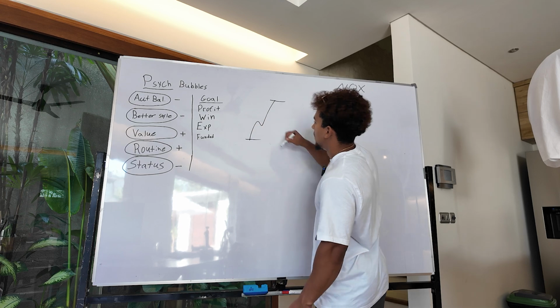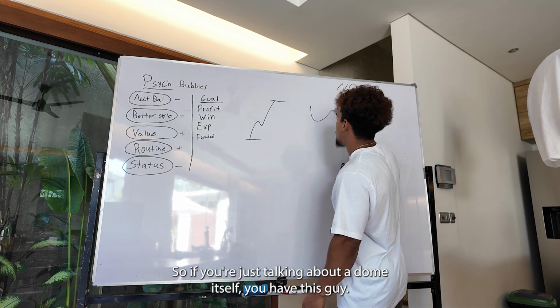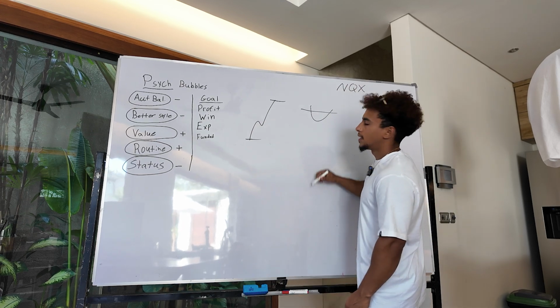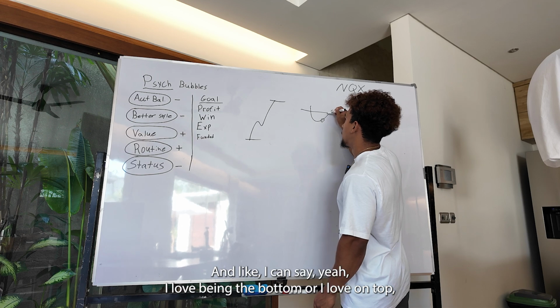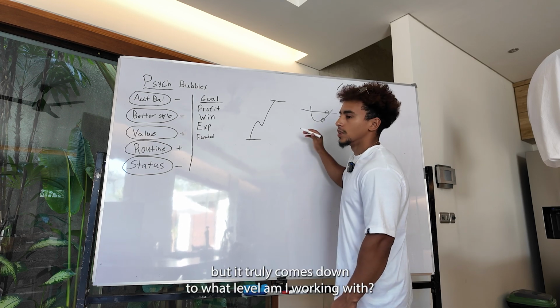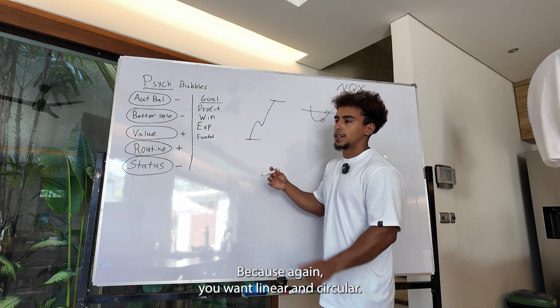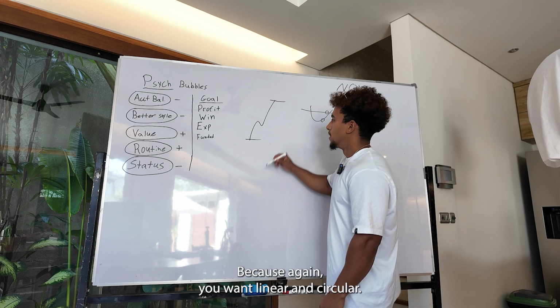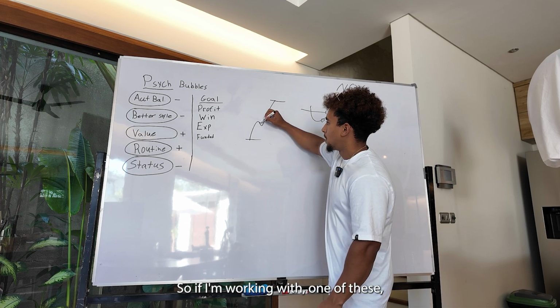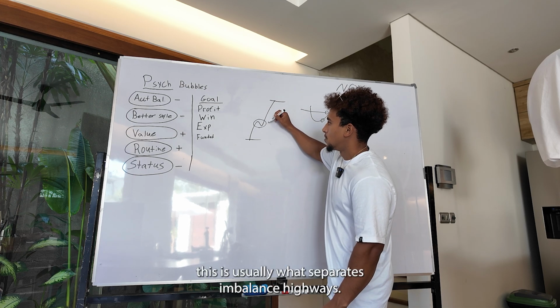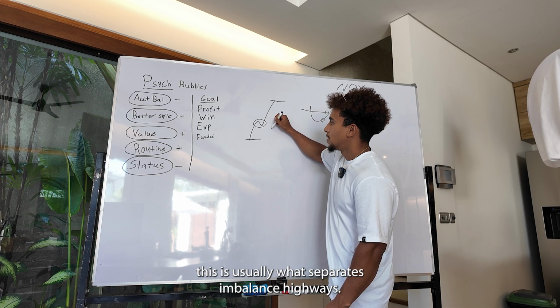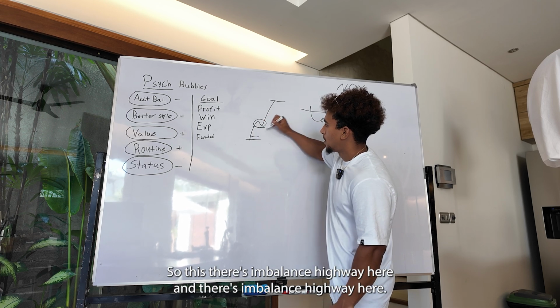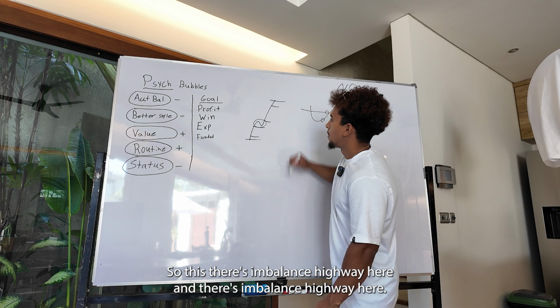All right. So if you're just talking about a dome itself, you have this guy, and I could say, yeah, I love buying the bottom or I love buying the top, but it truly comes down to what level am I working with? Because again, you want linear and circular. So if I'm working with one of these, this is usually what separates imbalance highways. So there's an imbalance highway here, and there's an imbalance highway here.